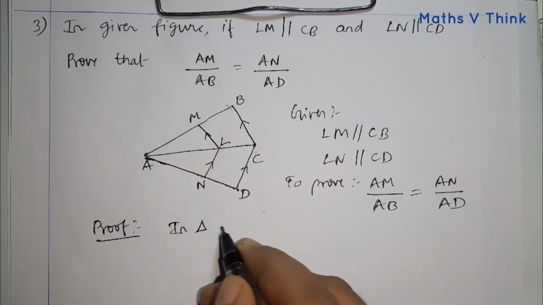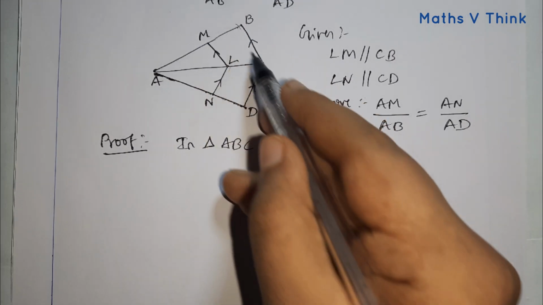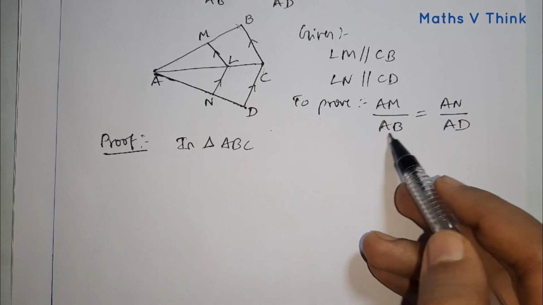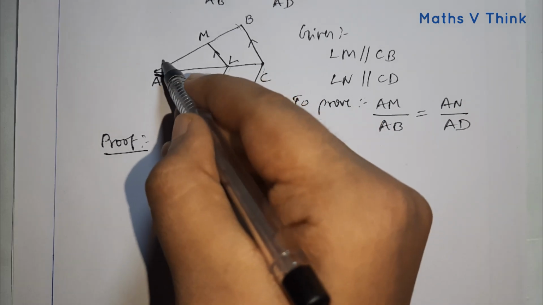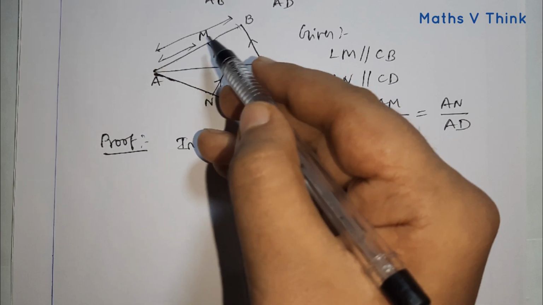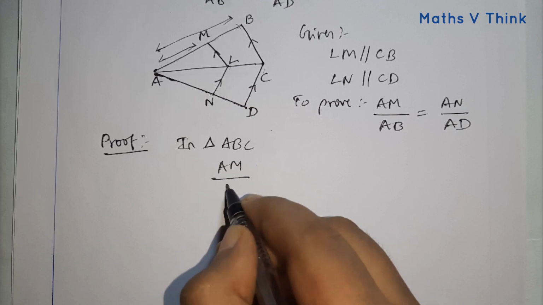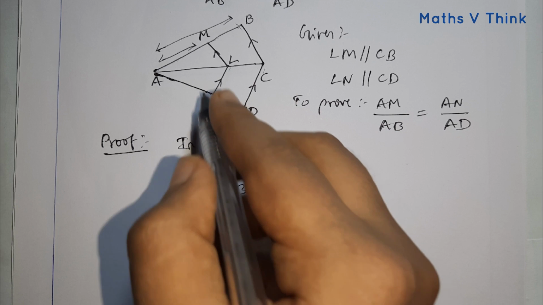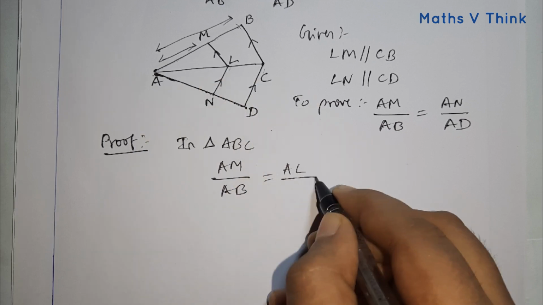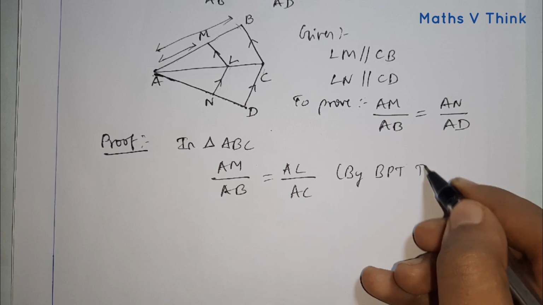So in triangle ABC, we know that LM is parallel to BC. So in the proof, it is AM by AB, means this by the whole. So we need to take like this only. In ABC, I can write AM by AB is equal to AL by AC. This is by BPT theorem.